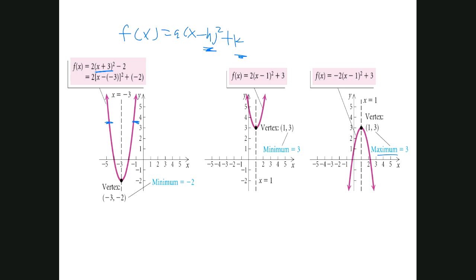Or I can pick a random point P, draw a perpendicular line to the axis, and then extend to the same distance. As long as I extend to the same distance, I can find my corresponding point P prime right here. So that's called symmetry, right?